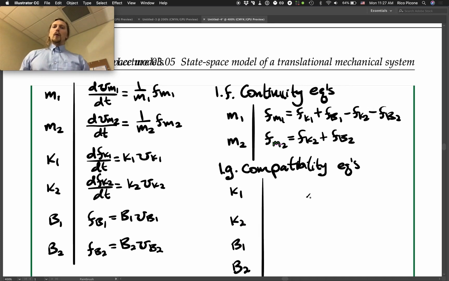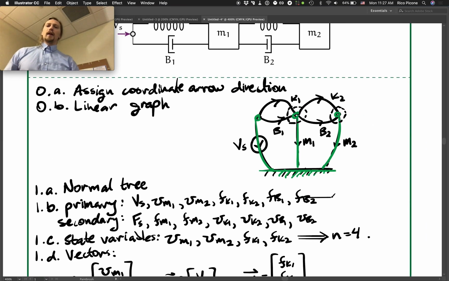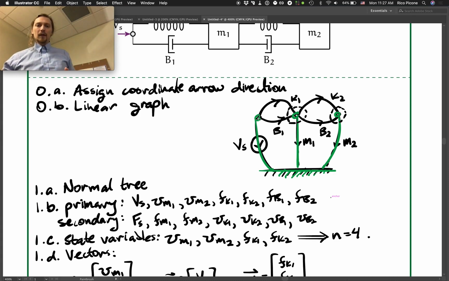So remember how we find these compatibility equations. We go back to the linear graph and we place each link into the normal tree temporarily, and the loop that's necessarily created, we do the loop equation, like KVL, but we call it a compatibility equation in general. So let's start with K1.